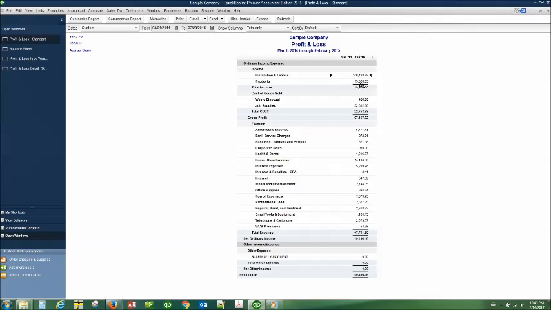Cash-based versus accrual-based are very different numbers when they report back into your financial statements. And sometimes if you're looking at this particular number and you think, this just doesn't make sense, that's probably why. Because the numbers are being recorded at the time it hits your bank as opposed to the time you actually made the money and sent your customer an invoice.